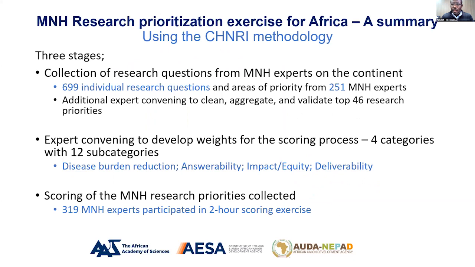So I'll start with the research prioritization work that we did last year, spilling into this year. It came in 3 stages, the Chindri methodology. It started off with us writing to MNCH experts on the African continent. We built a database of around 9,000 experts on the continent.